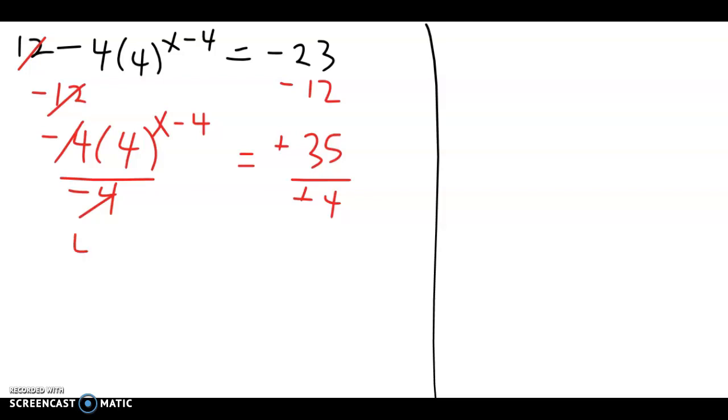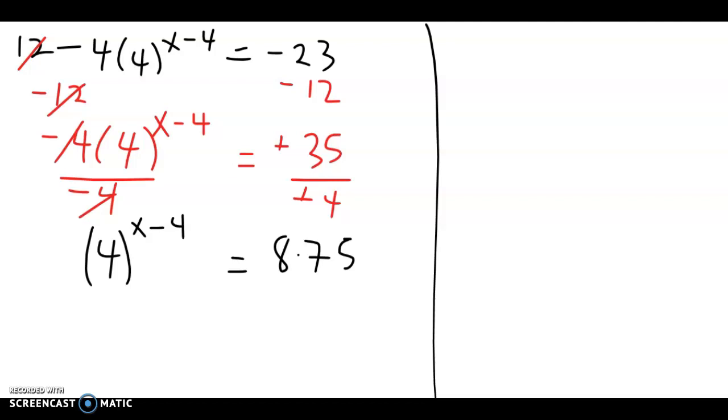So you have 4 exponent x minus 4 equals 8.75, and that is positive. All right, so now the exponential term is on one side, the constant is on the other side.